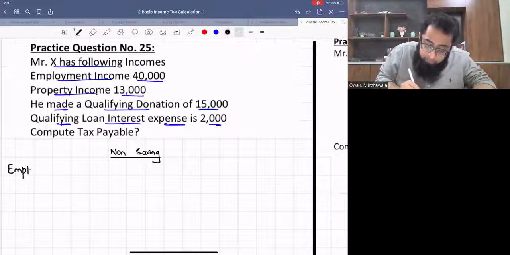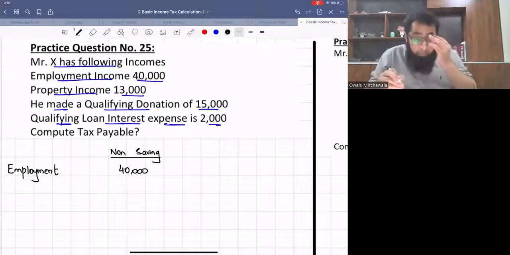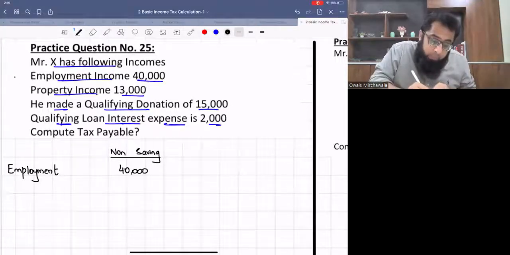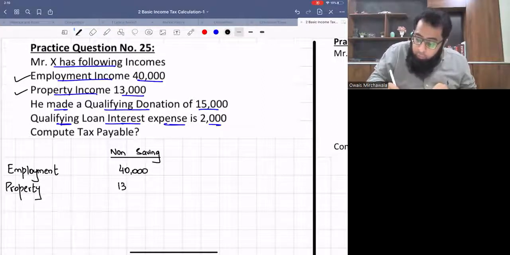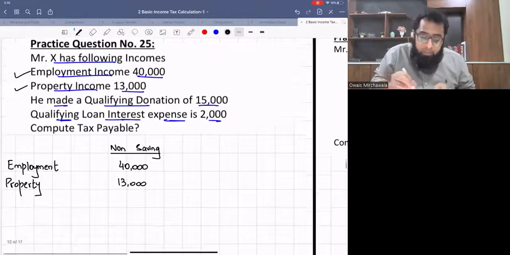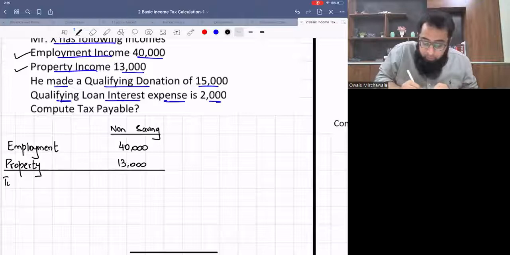Employment income, which is 40,000, goes in non-saving. Then we have property income, which is 13,000. If I add up both of them, this gives me total income.